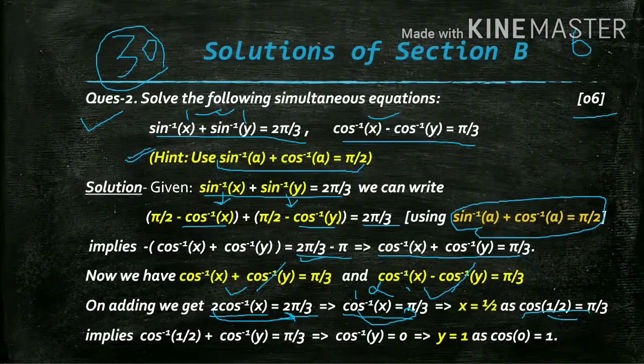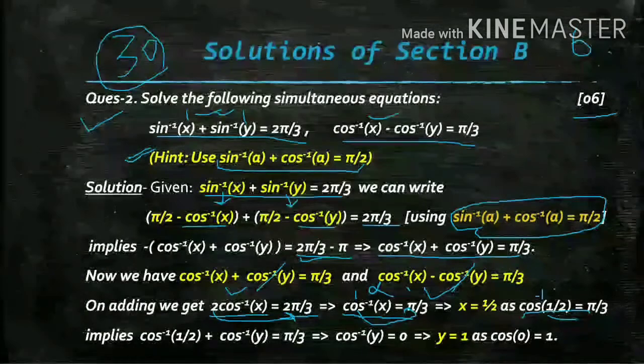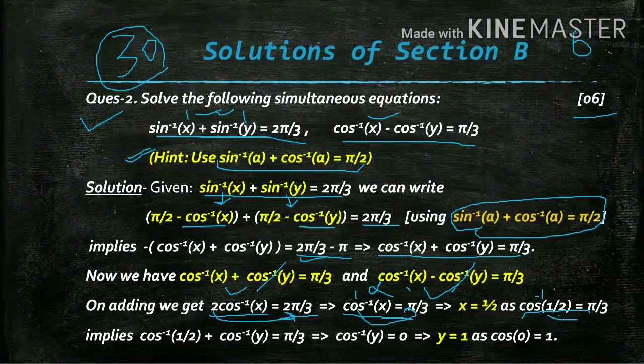Sorry, it's written something wrong. It must be inverse over here, because cos inverse of half is nothing but pi by 3. You can see that cos at pi by 3 is half. So cos inverse half would be pi by 3. So then x can be half.